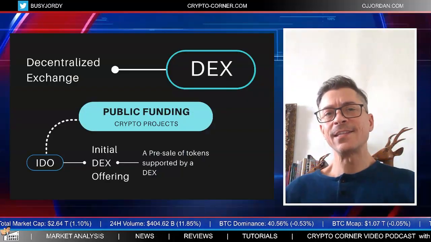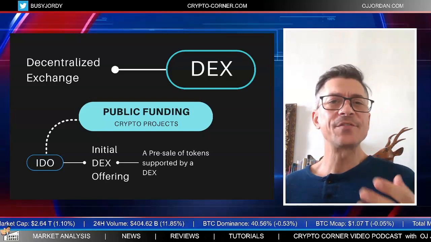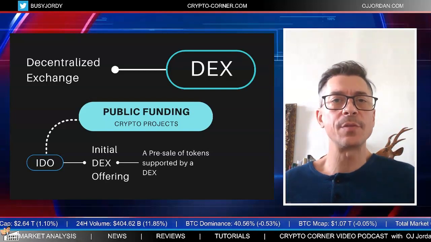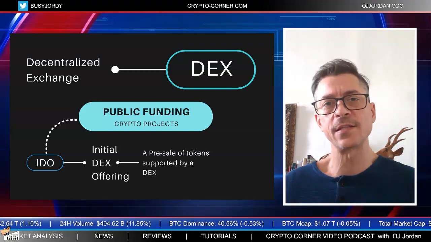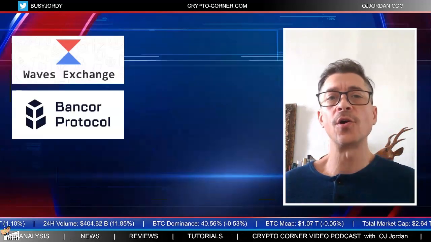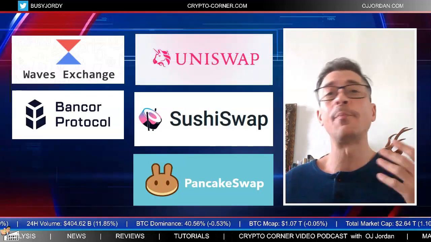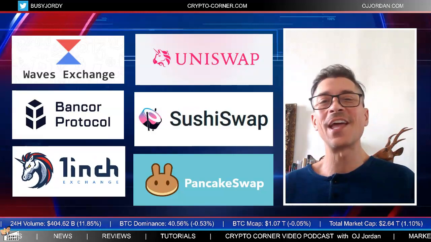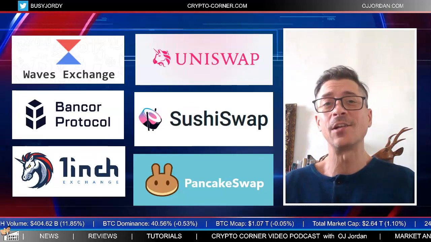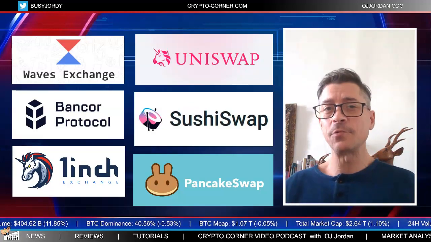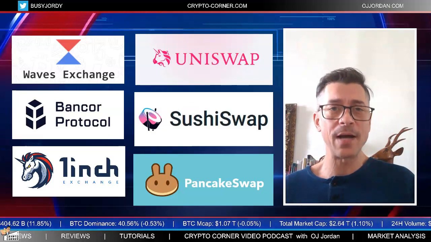In the past 2 years, we saw decentralized exchanges emerge. We call these DEXs for short. So, after years of trials and errors, we saw the birth of the first successful DEXs like Waves and Bancor, then Uniswap, SushiSwap, PancakeSwap, 1inch and many others, which attracted loads of users. And subsequently, token pre-sales and public sales started coming to these platforms too.